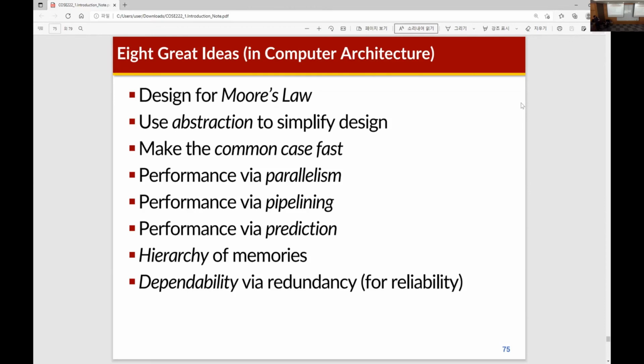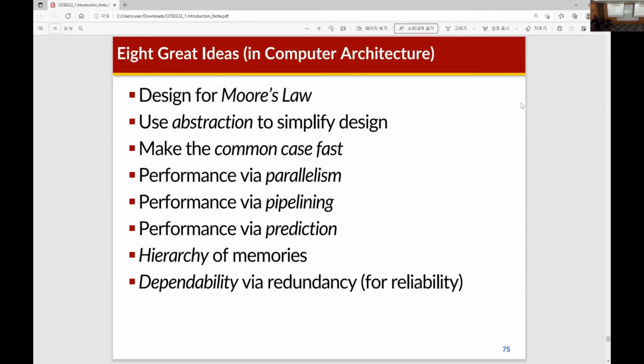And then parallelism is also important. Actually, multi-core or CMPs also apply this parallelism. And then pipelining. We will learn about pipelining in this course, and then prediction, memory hierarchy. Actually, in this course, we will focus on pipelining and memory hierarchy.